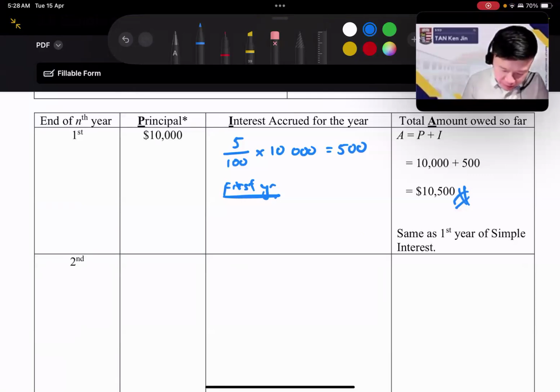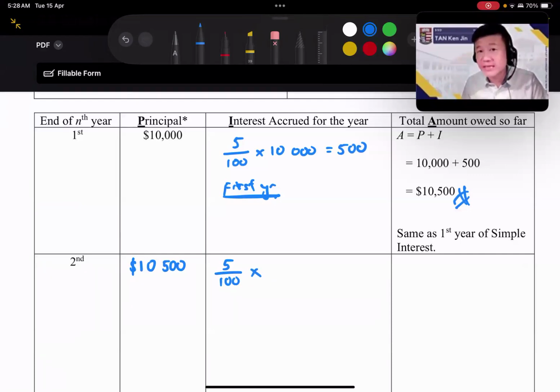So it's no longer 10,000, it's 10,500. So the interest stays the same at 5%, but it's the principal now that's going to change.